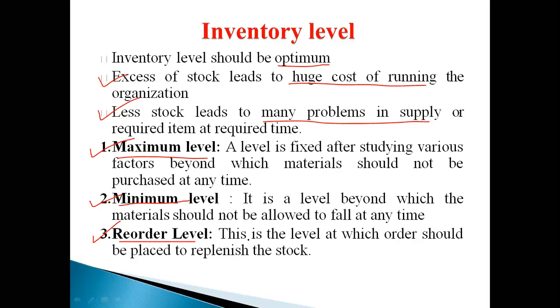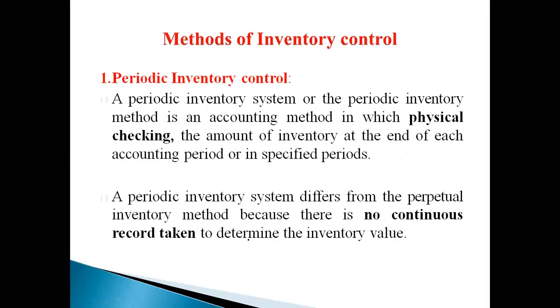These are the levels. Maximum level: at this level there is no goods requirement for that particular material. Minimum level: at these levels you have to fill the stocks by reordering.